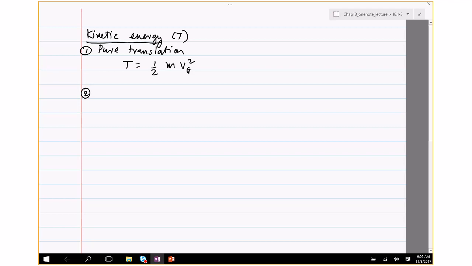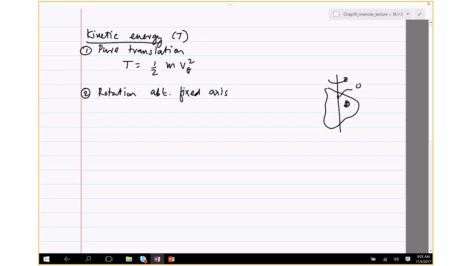The second case is rotation about a fixed axis, such as a pendulum. So a rigid body with center of mass G is rotating about an axis.